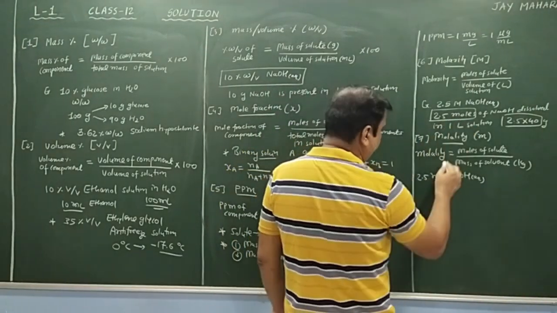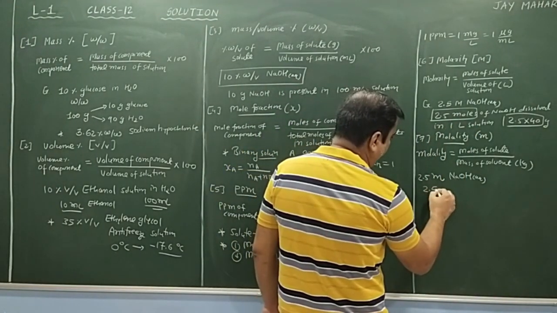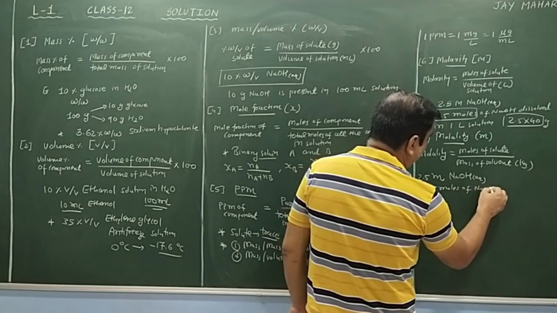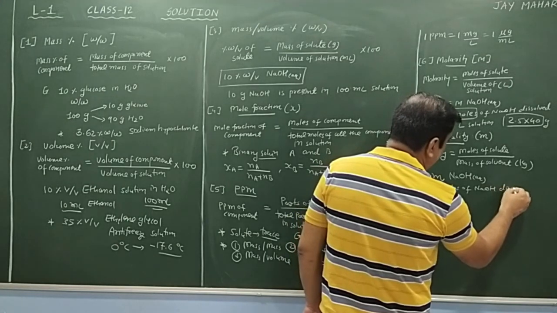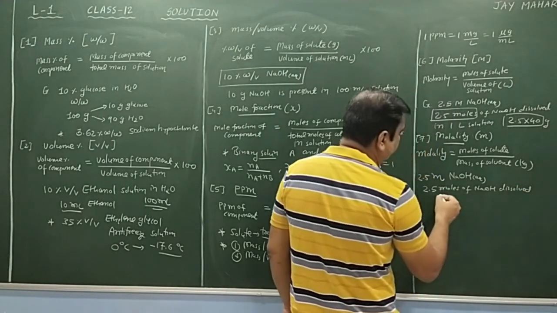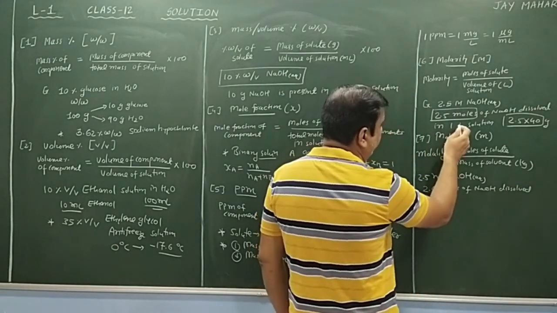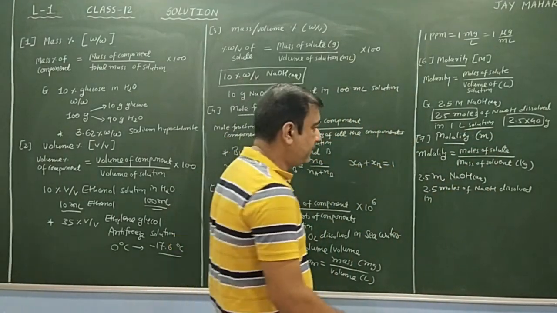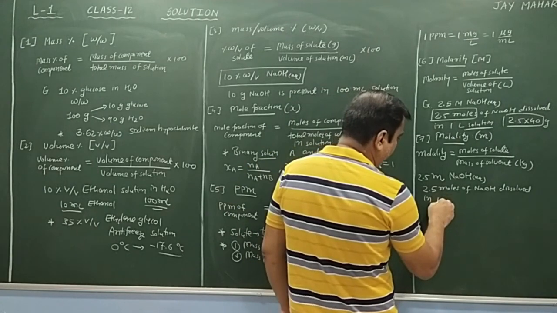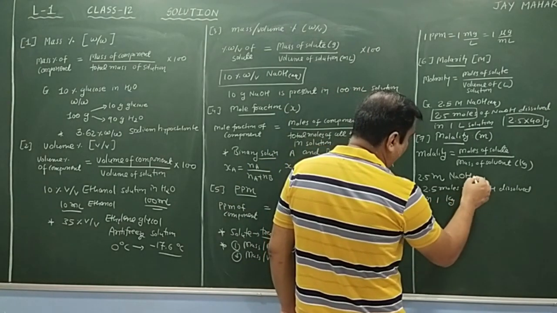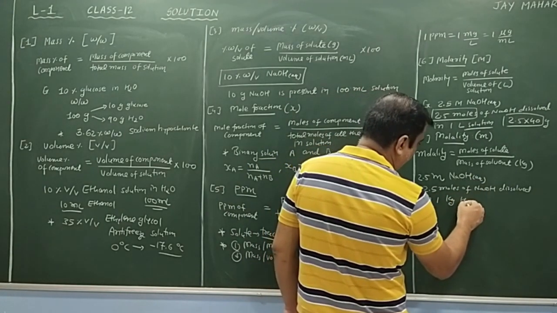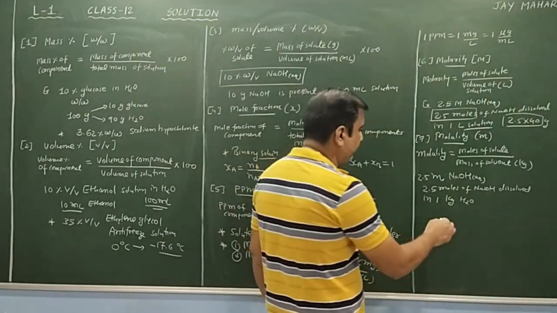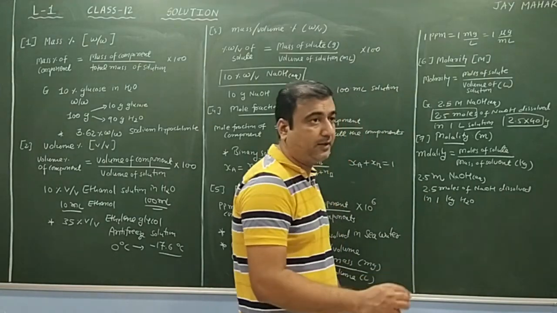Here also 2.5 moles of NaOH are dissolved. In molarity, it is in 1 liter of solution, and here it is dissolved in 1 kg of solvent. Here the solvent is water, so in 1 kg water, that means 1000 gram.